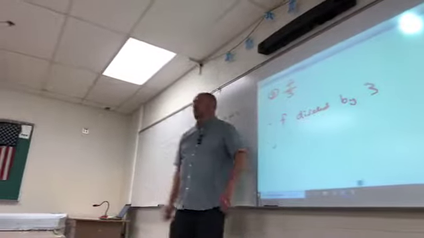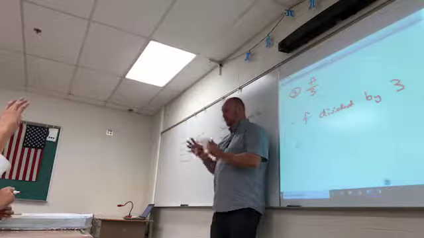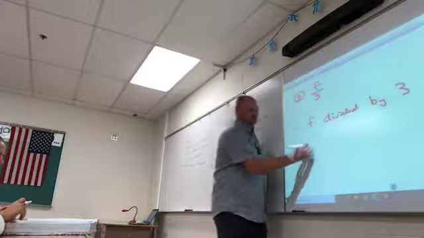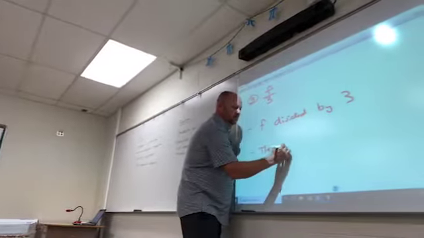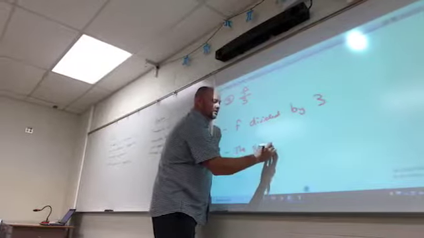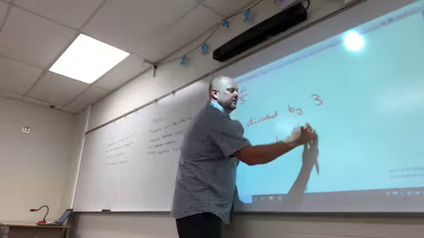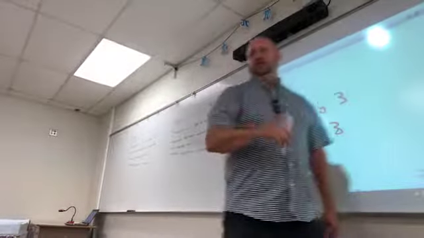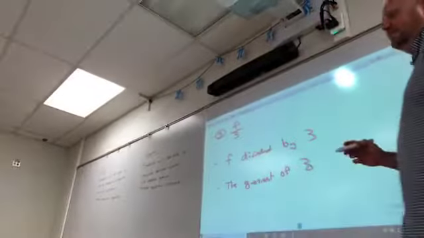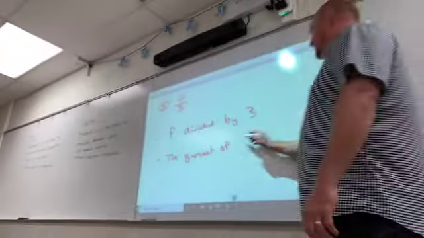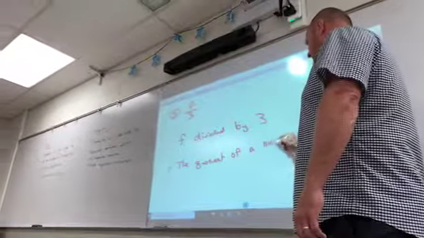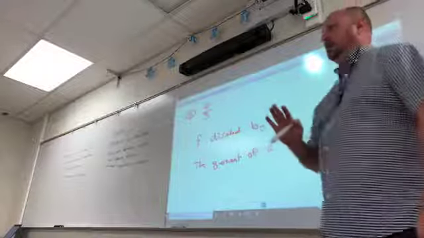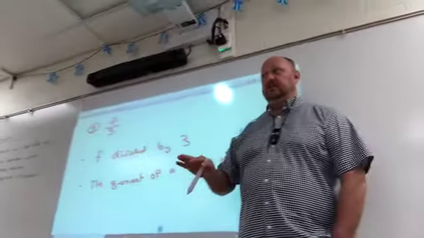What's a different word for that? Of 3. Is it 3 and a number or a number and 3? A number and 3. There you go. Are we good? Is there any questions on these?